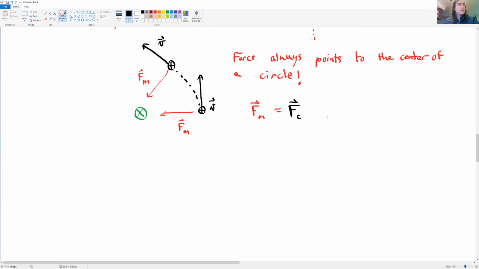Who remembers what the centripetal force is equal to? So you maybe have to think back a little bit to last semester. Go ahead and put it in the chat. I'll let you guys give me the answer here. Keep your brains nice and warm. So what is the centripetal force equal to?